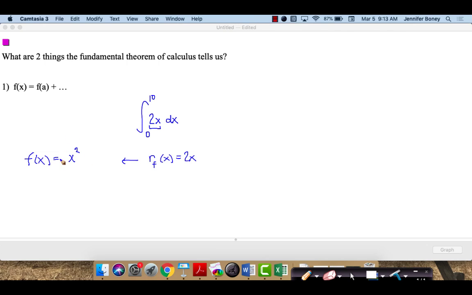Well, how much does this f of x change between x equals 0 and x equals 10? At x equals 0, it's equal to 0, and at x equals 10, I've got 100. So how much was that change? It increased by 100. So the answer to this is 100.